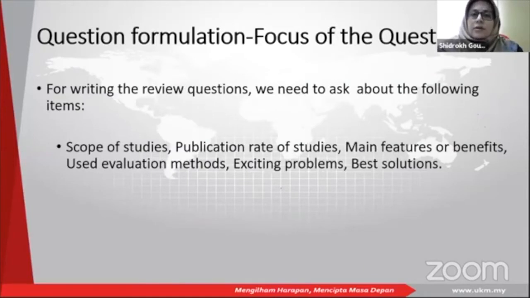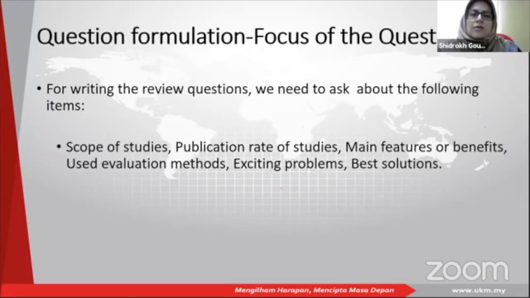I want to show you the main items that we need to include in the RQ. For example, we should focus on the scope of the study, publication rate of the study, main features, which method they use, how they evaluate, and for the existing problem, how you want to solve it, how they solve it.